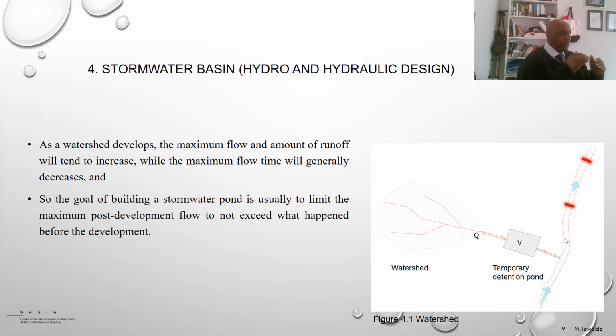Now if it increases to 50 or 100 maybe, then we need to reduce the peak discharge to 30, to the previous peak discharge value, so that we minimize the damage that may be caused at the downstream side.